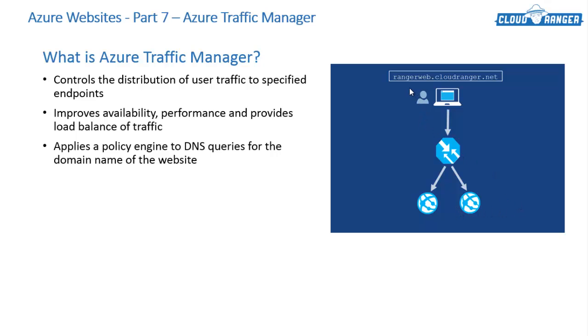When the user goes to rangerweb.cloudranger.net, the traffic manager, acting as a load balancer, will figure out whether to send traffic to this server or this server. As far as the user is concerned, it's transparent because it doesn't matter which server they end up on.